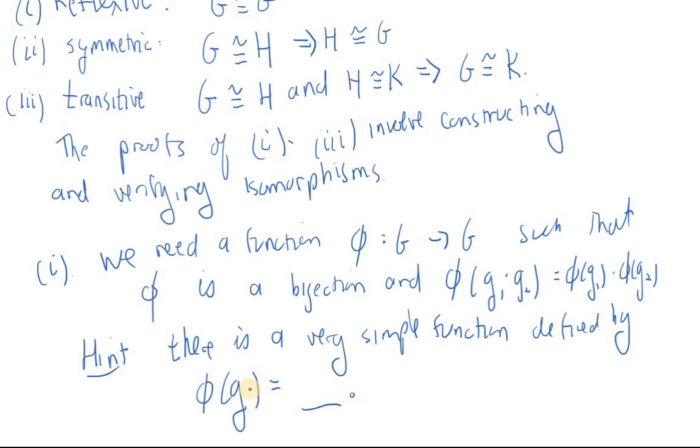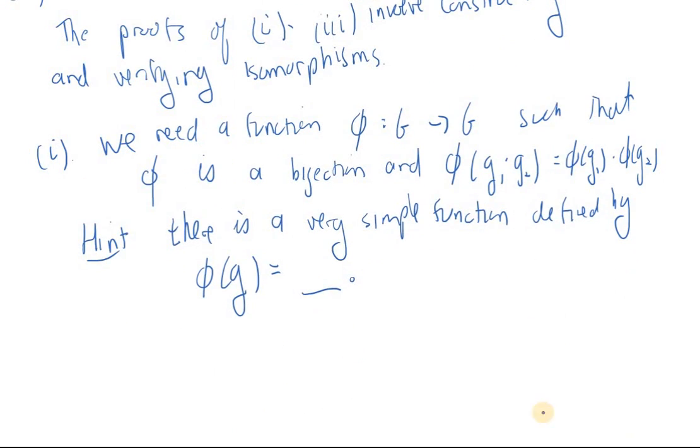What's the simplest possible function you can think of that would be a bijection? All right, you could do phi of G goes to the identity, but that's not a bijection. But there's a very simple function that maps the group to itself in a one-to-one onto fashion, and you can use that function to show the operation preserving property. Okay, so that's kind of what I want to say about part 1.